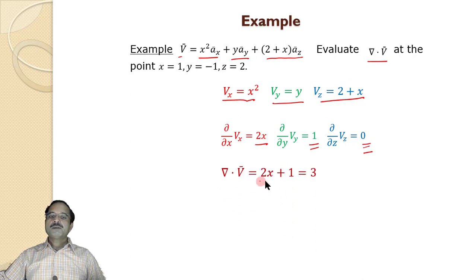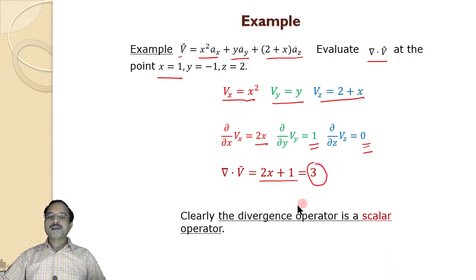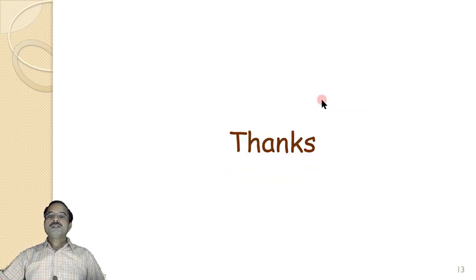So the divergence of V is 2x plus 1. Substituting x equal to 1, I get divergence of V as 3, which is a scalar quantity. So divergence applied to a vector field V gives a scalar result. So this is about divergence.